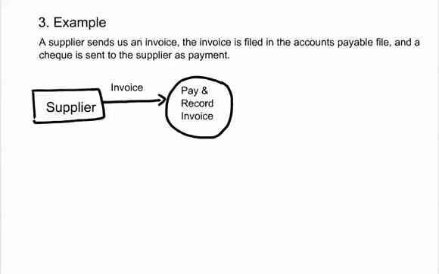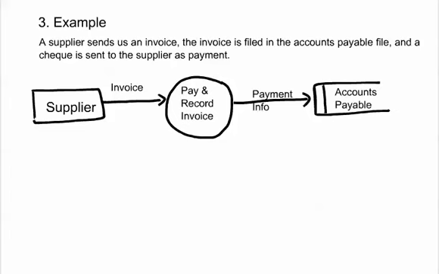So the recording of the invoice in the accounts payable file again is data flow, and the invoice is stored in the accounts payable file. The invoice is also used to generate a check that is sent back to the supplier. This is then the first DFD that we draw from this example.